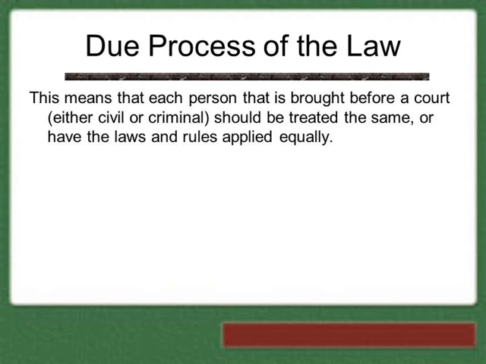Now keep in mind what due process means. We talked about this before, but real quick review of due process. It just simply means that the laws will be applied the same to each person. And I have to be careful to say that the laws or processes of our country will be applied equally.